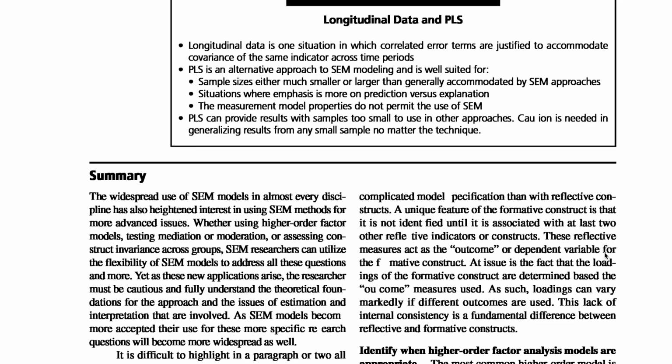In situations where the emphasis is more on prediction versus explanation, or the measurement model properties do not permit the use of structural equation modeling, PLS can be used. It can provide results with a sample too small for other approaches, but generalizing results from a small sample is limited no matter the technique.